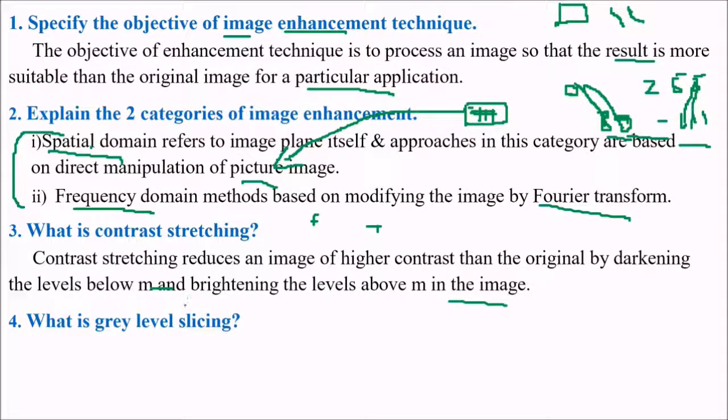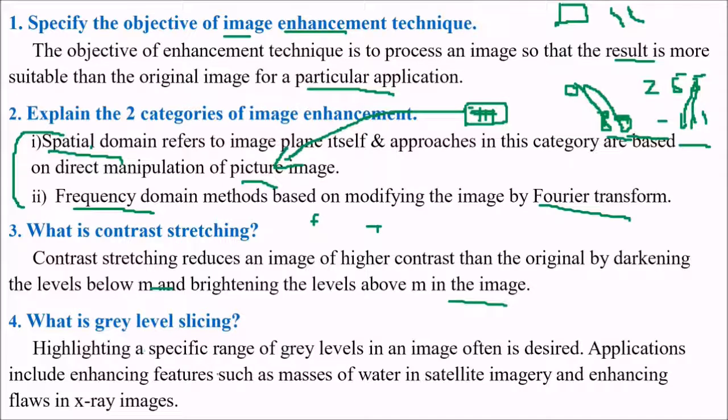What is gray level slicing? Slicing is, if you have a brick of ice cream or a butter, you use a knife to slice them. So it is exactly like this. This is gray level slicing. What you do in this, highlighting a specific range of gray levels in an image often is desired. Applications include enhancing features such as masses of water in satellite imagery and enhancing flaws in X-rays.